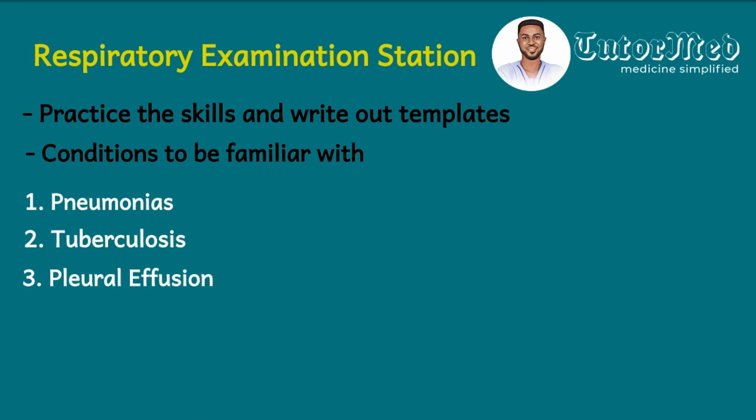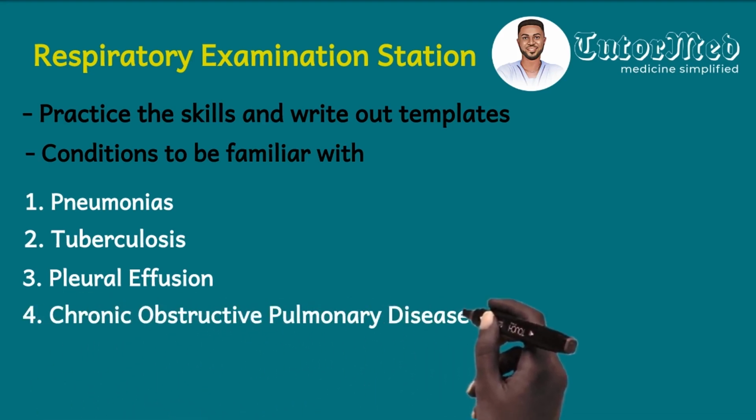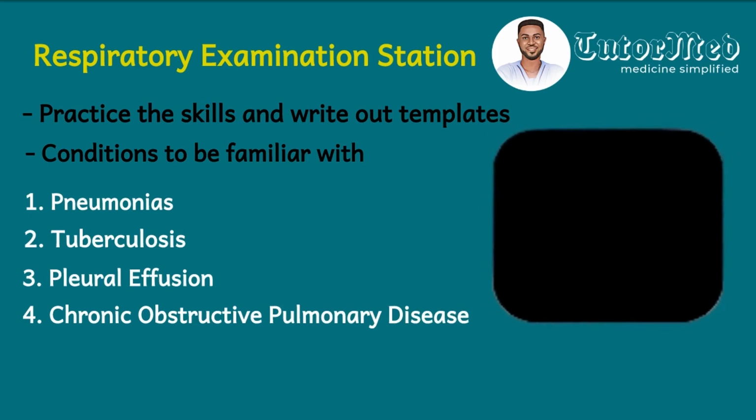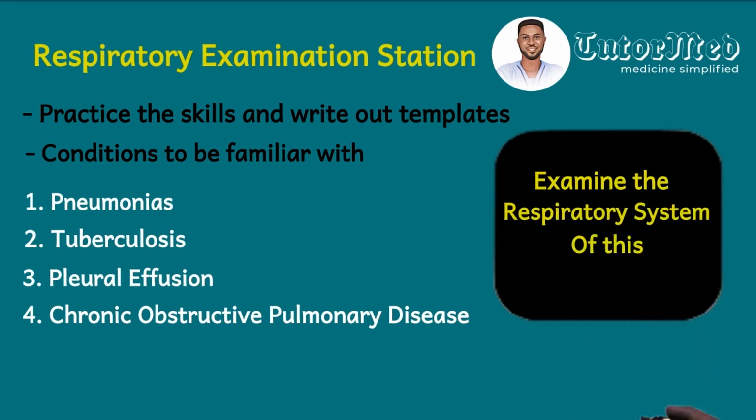I'm tempted to bring pleural effusion ahead of TB, because more often than not, pleural effusion features commonly. Then the 4th case to note here is COPD, chronic obstructive pulmonary disease. Typically for this station, the instruction is: examine the respiratory system of this patient.